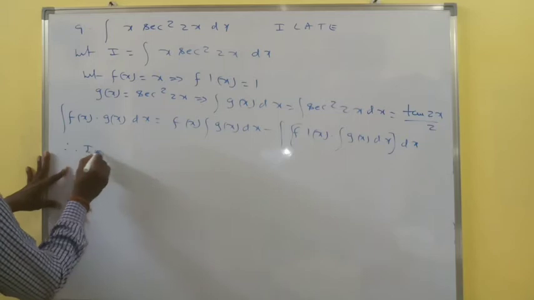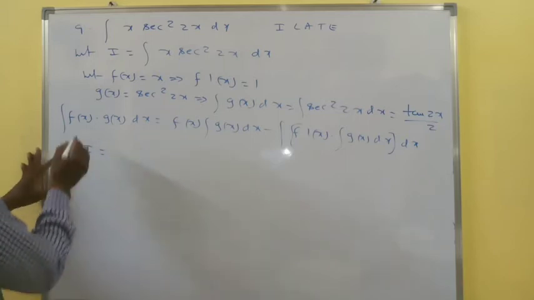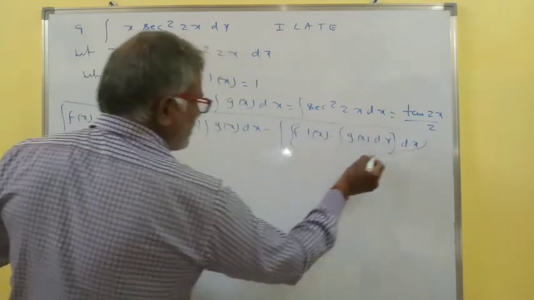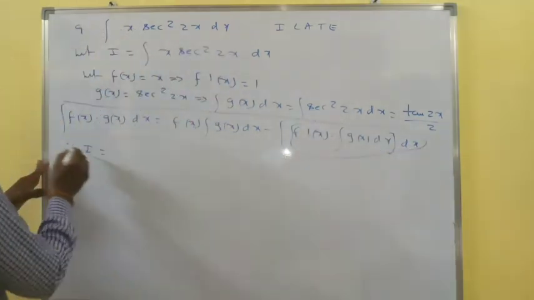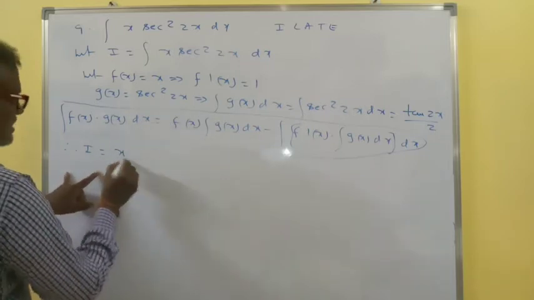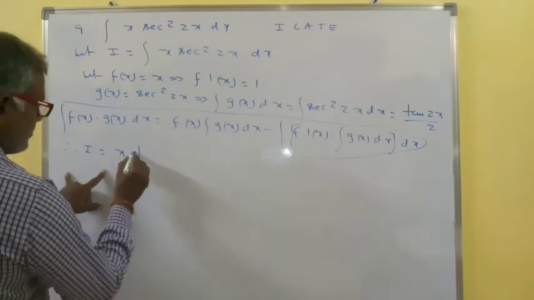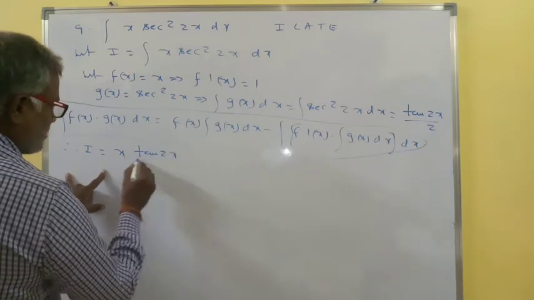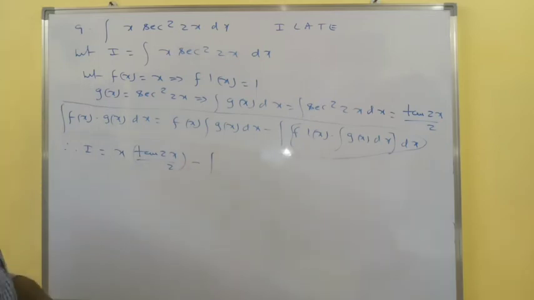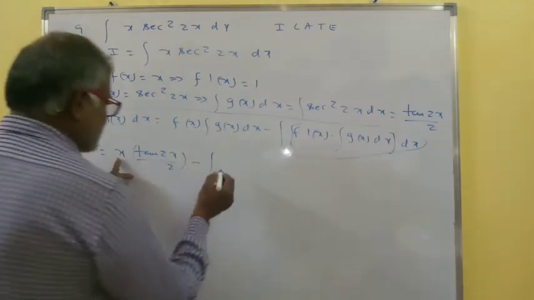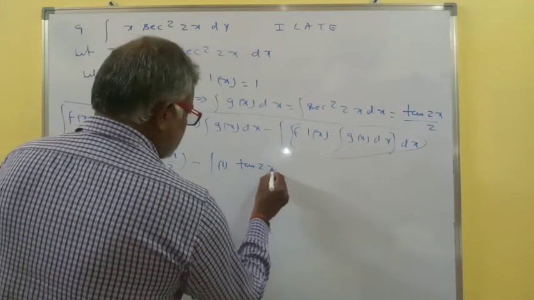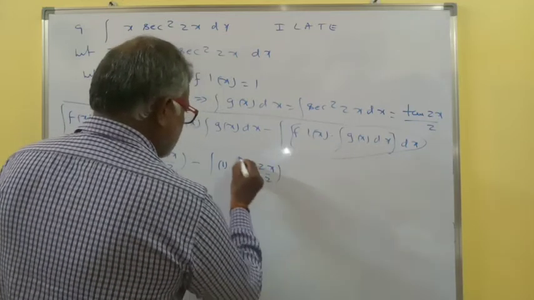Therefore I is equal to, always put this formula in a box. So what is the result? f of x equals x, into the integral value tan 2x by 2, minus f dash x, the derivative 1, into integral of tan 2x.